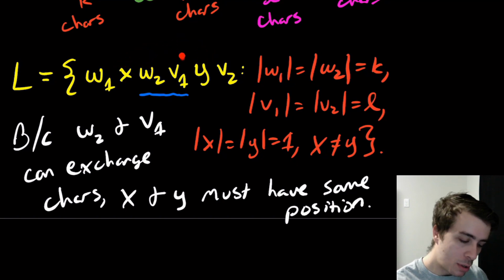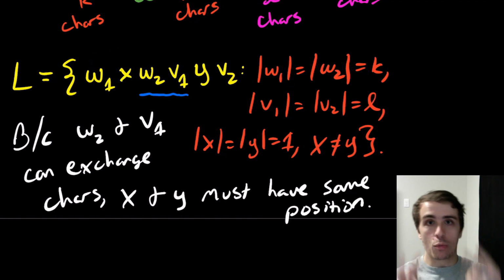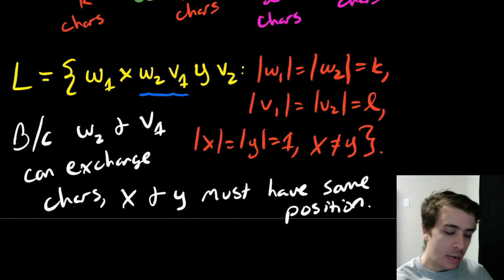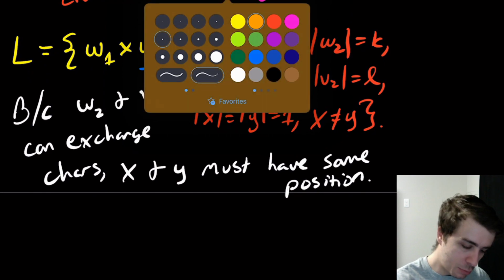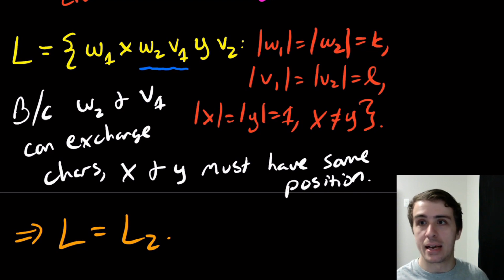And because we're just exchanging characters here and not exchanging the V1 and V2 and W1, that means we have the two halves having exactly the same length because they're in the exact same position. And we're only switching characters from a single segment in the string. And then that forces X and Y to have different characters in exactly the same position, which is exactly what the language asks for. And so from this, what we can determine is that K is in fact equal to L. And that consequently shows that the language is in fact context-free.